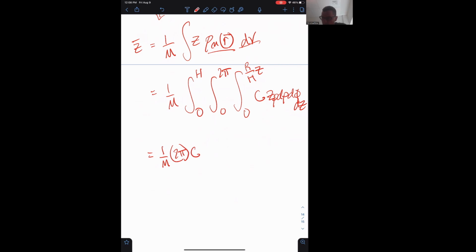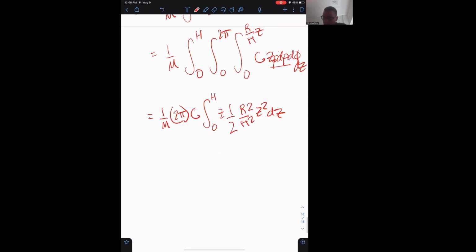C is a constant. Do the integral over rho, which gives you rho squared divided by 2, which is r squared over 2, times z squared dz.